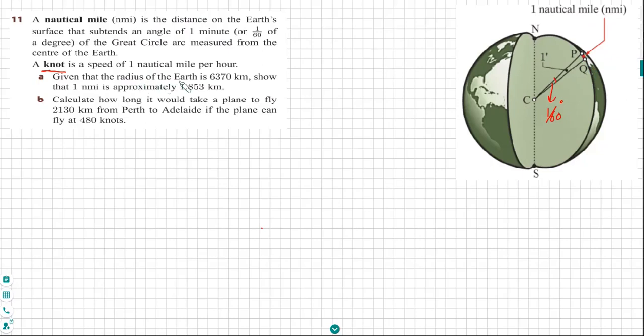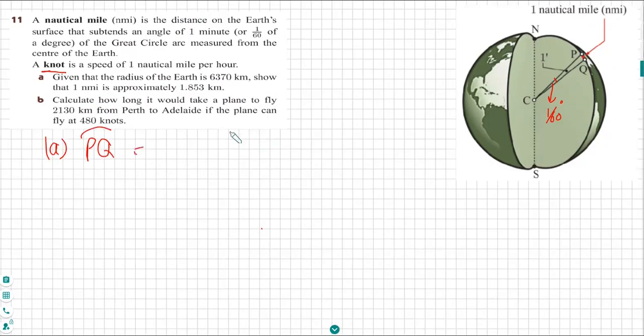Given that the radius of the Earth is 6370 kilometers, show that 1 nautical mile is approximately 1.853. So 1 nautical mile is the distance covered from P to Q. Got it? So we have to find the distance PQ. PQ is an arc length, and it is equal to the sector angle over 360 degrees, because the sector angle is in degrees, multiplied by 2 pi r.